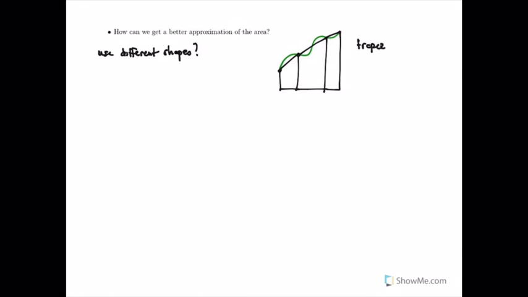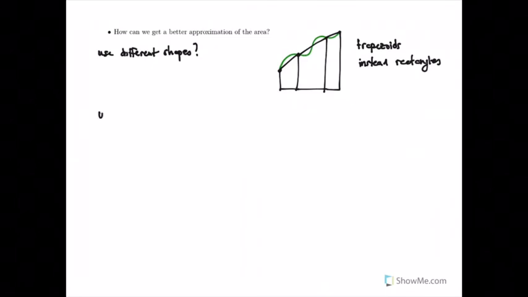And you'll talk about, in a Calc 2 course, the trapezoid rule instead of some of the other rectangle rules. There's a lot of different things you could do, but we're not going to deal with it in this course.